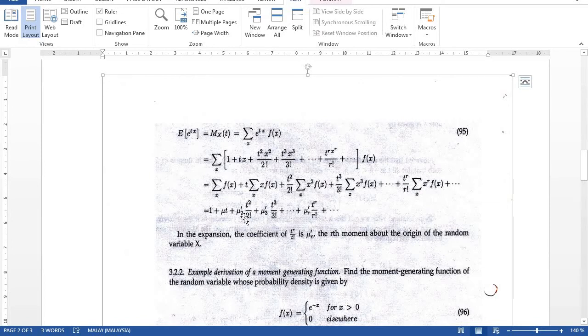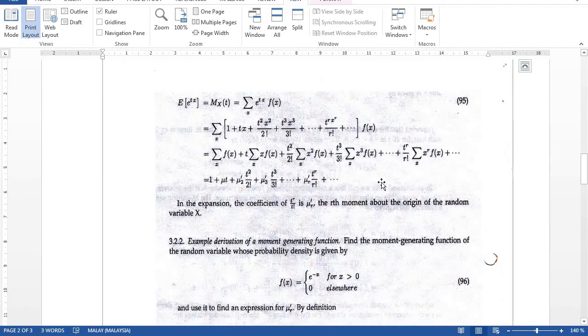So this will be our second moment, and then this one will be our third moment, multiplied with this term, and so on. So in the expansion, the coefficient is mu prime r, the r-th moment about the origin of the random variable X. Actually, this is our moment generating function formula.